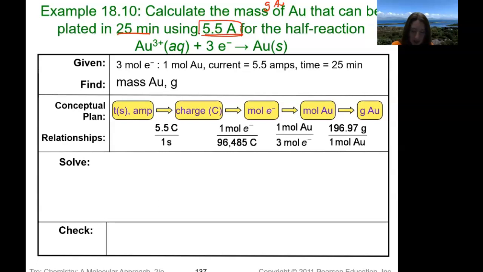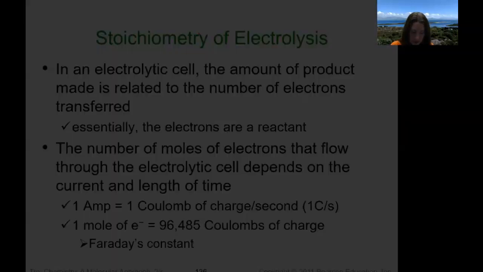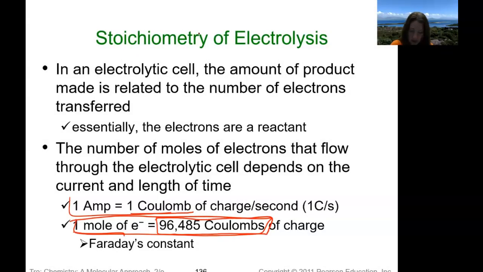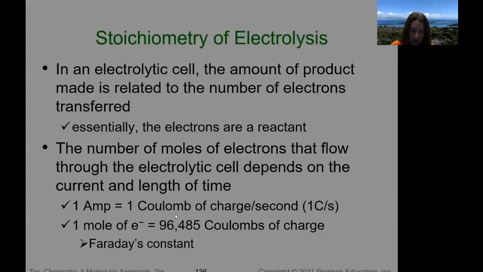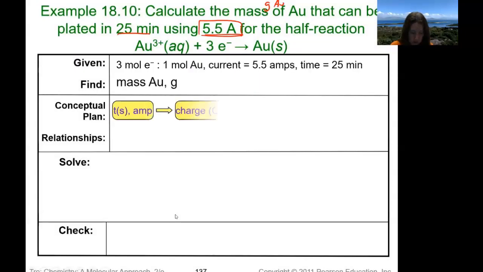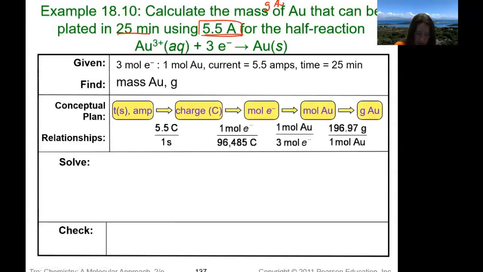Remember I said here, 1 amp is coulombs per second. So this is that first conversion right here. And again, if you're not sure of the conversion, I think I wrote it. Yeah, 1 amp. So 5.5 coulombs equals 1 second. That's what 5.5 amps means, because an amp is a coulomb per second.